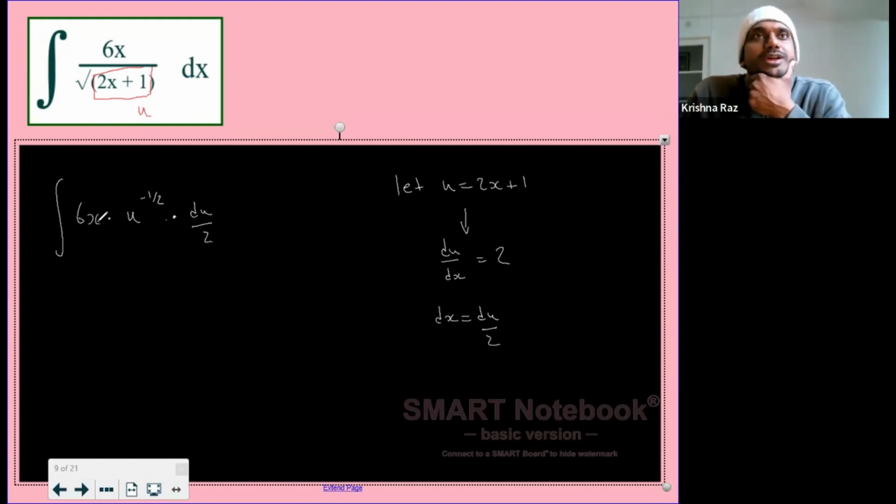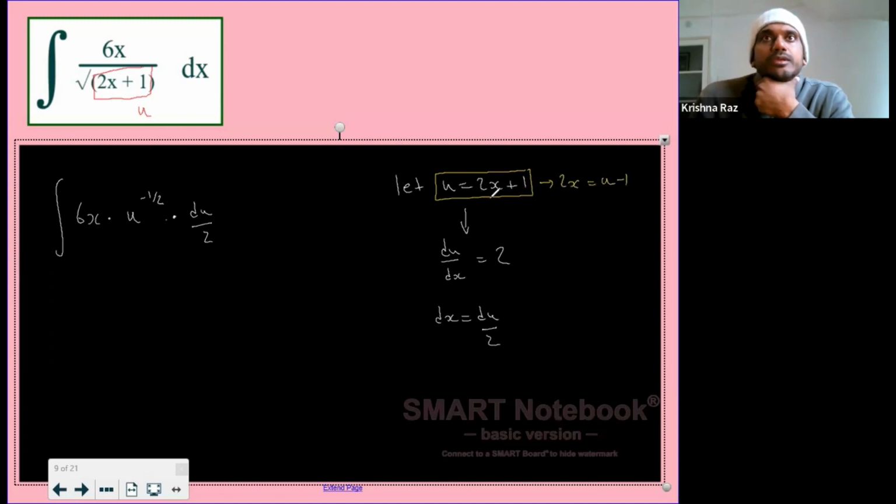So you can see this time we haven't had a cancellation. But what we can do is make x the subject. So you can see that 2x must be u minus 1. So 6x must be 3 lots of u minus 1, since 3 times 2x will be 6x.